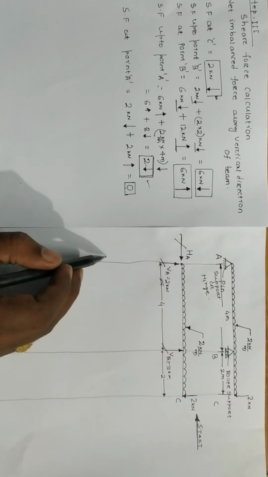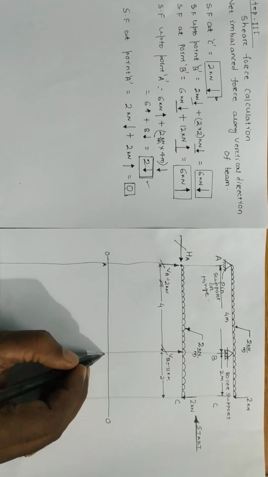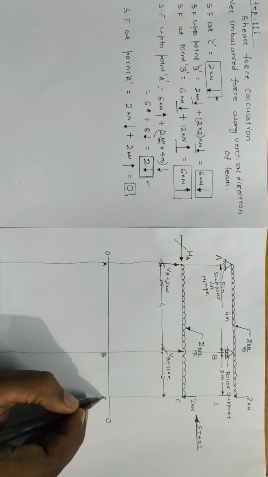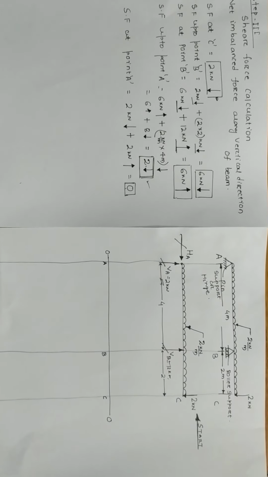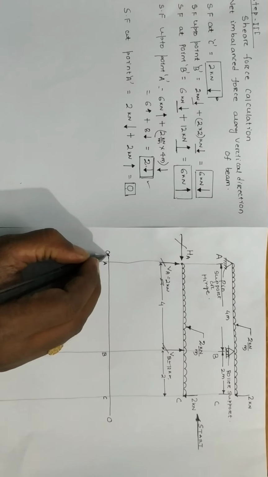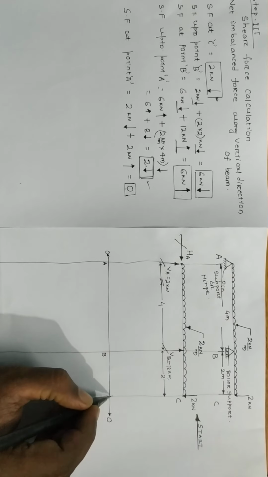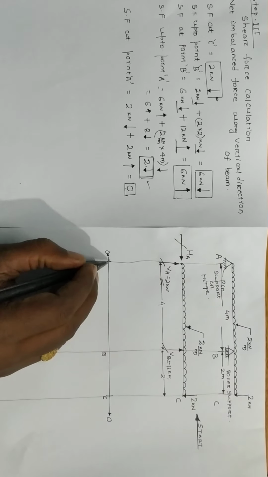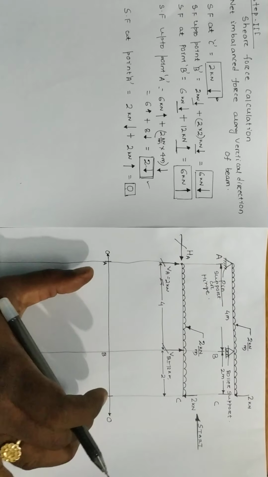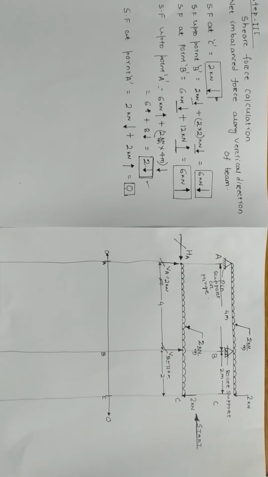And this is the line segment A, B, C. This is a straight line of 0, 0. But we are concentrating only on line segment ABC. यहाँ से हम ABC में concentrate. This is the reference line.